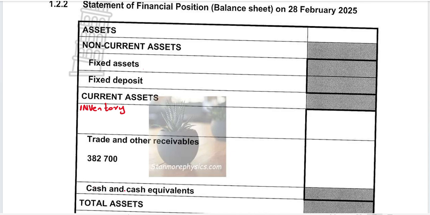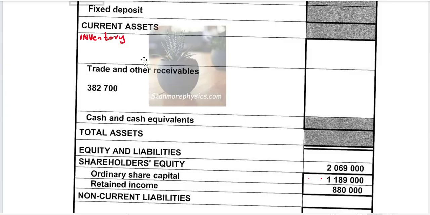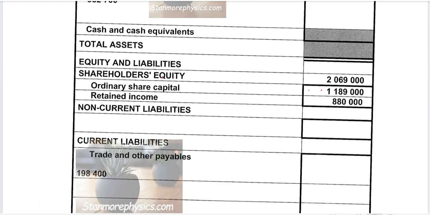We have cash and cash equivalents, where you have petty cash, but since it is blank, we won't do it today. So here we have shareholders' equity. They have provided the figures for us: ordinary share capital and retained income.